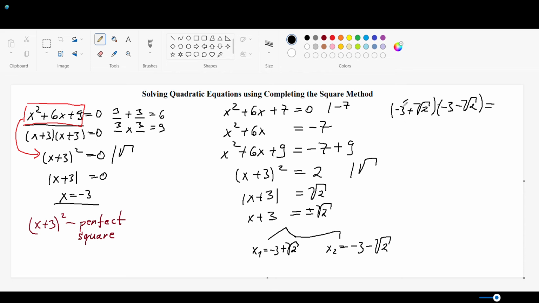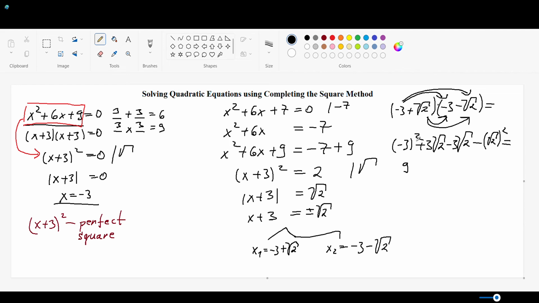For those of you who don't see this number behind this multiplication, I'll explain. Basically we multiply the first with the first, the first with the second, and so on with the second term in the first expression. So it's negative 3 squared plus 3 times square root of 2 minus 3 times square root of 2 minus square root of 2 squared.